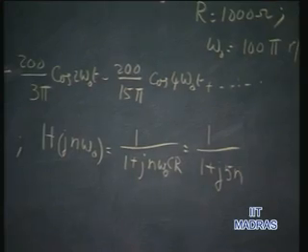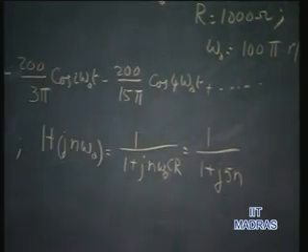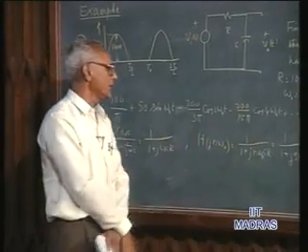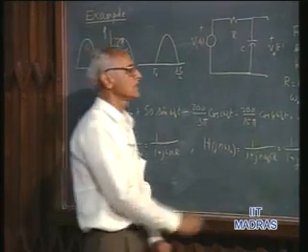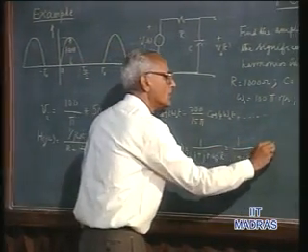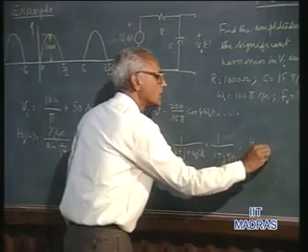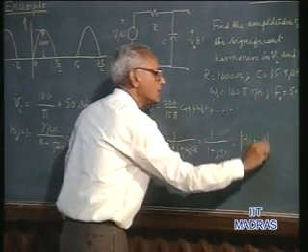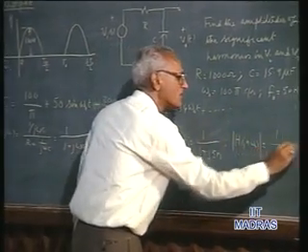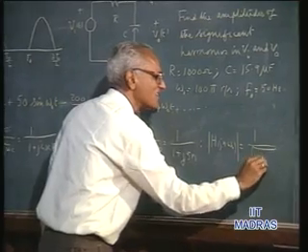In particular, we are interested only in the amplitudes of the harmonics, so we are not really interested in the angle associated with H(j n omega naught). So we would like to know only the magnitude in our problem. This will be therefore 1 over square root of 1 plus 25 n squared.